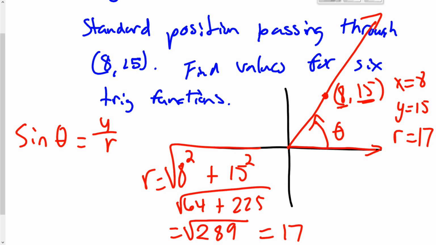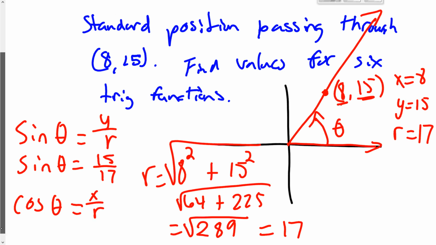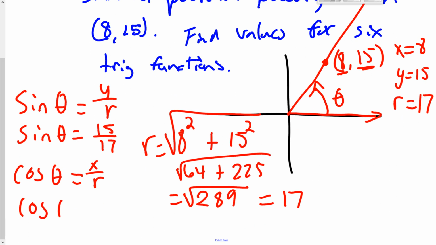Okay, so now I can do these ratios, the relationship between the sides. So sine of my angle is y over r, so that's 15 over 17. Cosine of the same angle is x over r, which is 8 over 17.